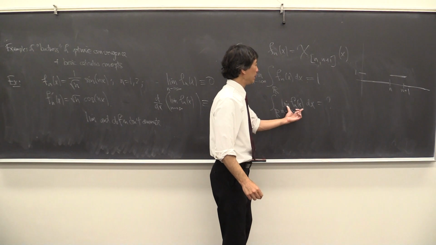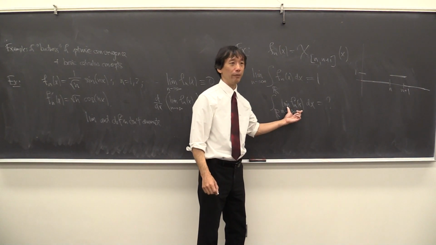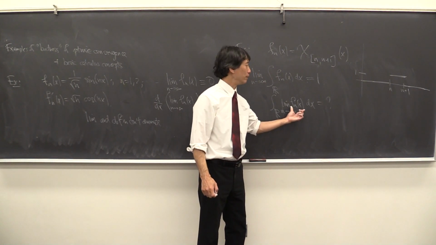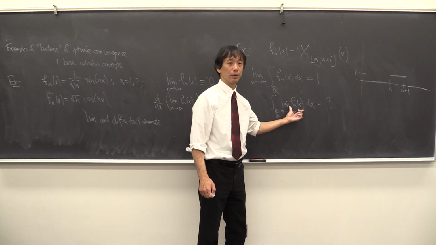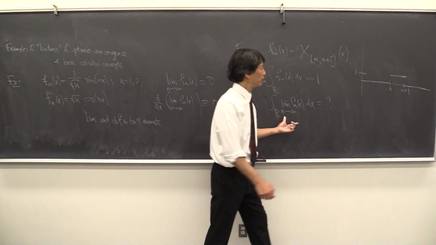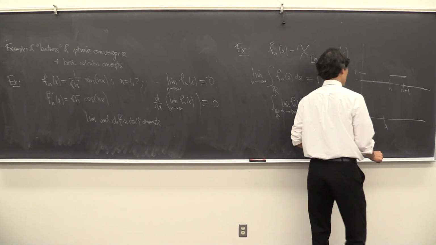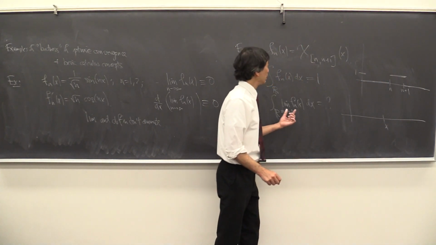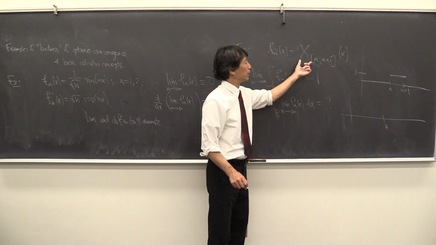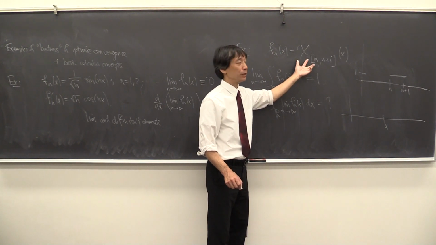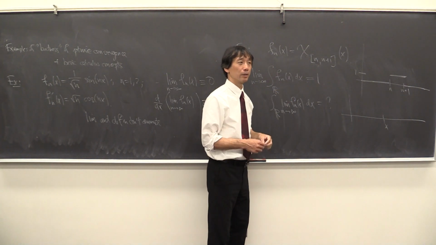Well, what's the pointwise limit of this sequence of functions? I take a point x, and then I take the limit of these characteristic functions evaluated at x, and let n go to infinity. What's it going to be?